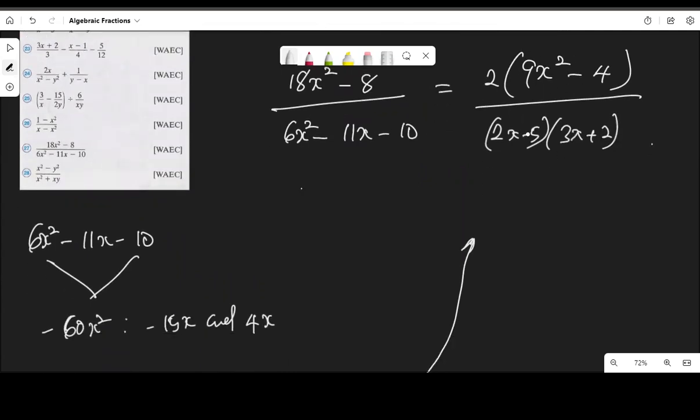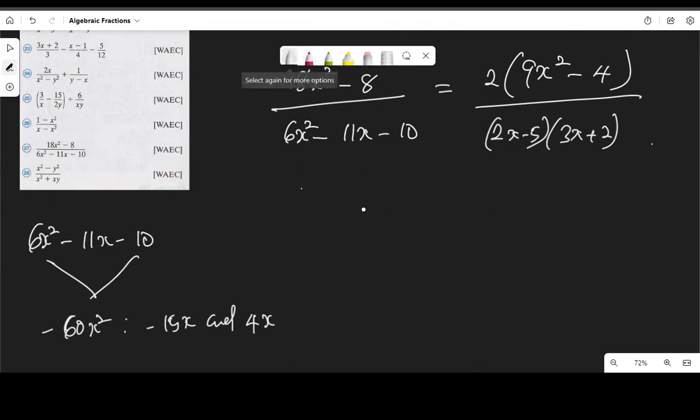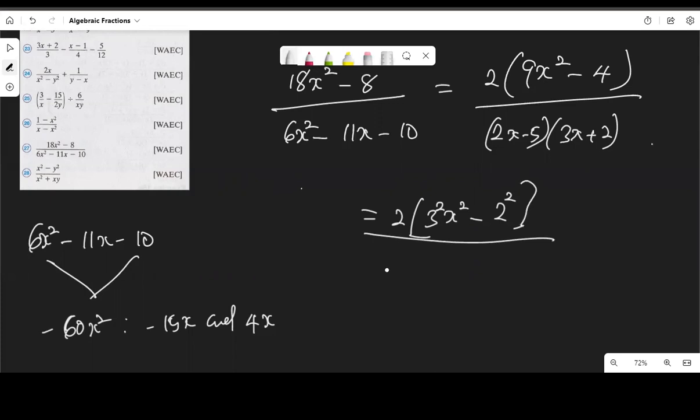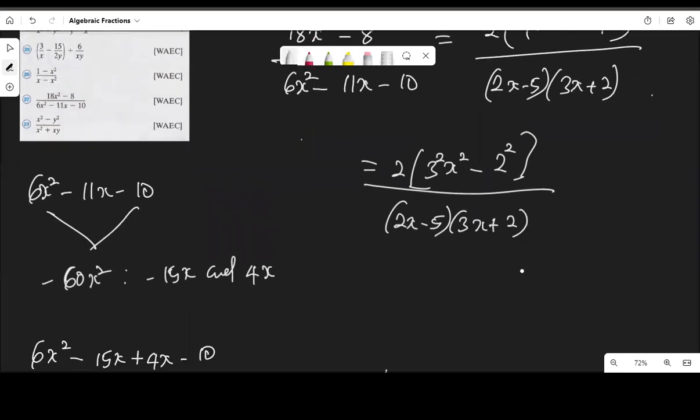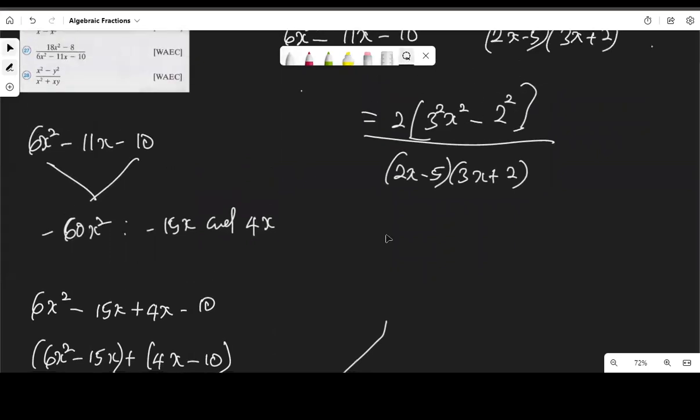Now factorizing the expression up there, we have 2 multiplied by, this is a perfect square, so 9 can be written as 3 squared, then s squared, minus 4 can be written as 2 squared, then all over 2s minus 5 and 3s plus 2, so that I can apply difference of two squares in this numerator.